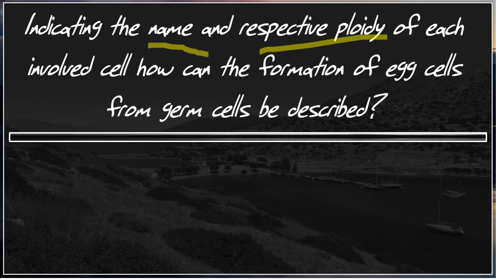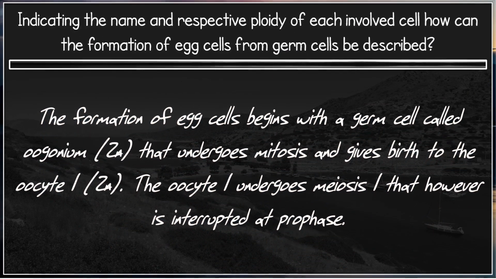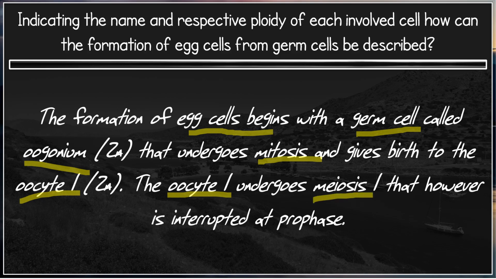Indicating the name and respective ploidy of each cell involved, how can the formation of egg cells from the germ cells be described? The formation of the egg cell begins in the germ cell called oogonia, which is diploid, that undergoes mitosis to give birth to the oocyte 1, which is diploid. The oocyte 1 undergoes meiosis 1, that however is interrupted at prophase.